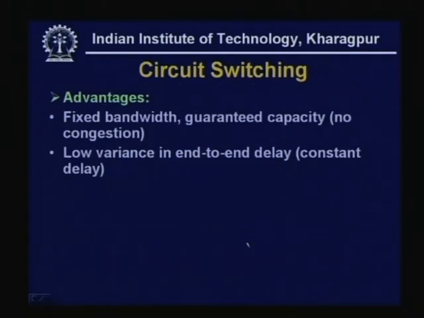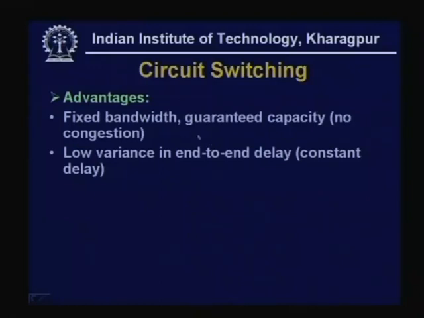Now, let us look at the advantages of this circuit switching technique. First, as I mentioned, fixed bandwidth and guaranteed capacity. That means there is an end-to-end link, and since end-to-end link is there, the bandwidth is fixed and it does not change. And here the advantage is it gets guaranteed capacity.